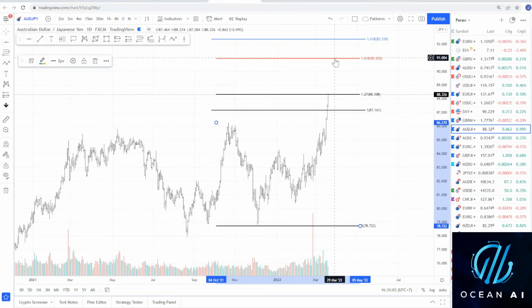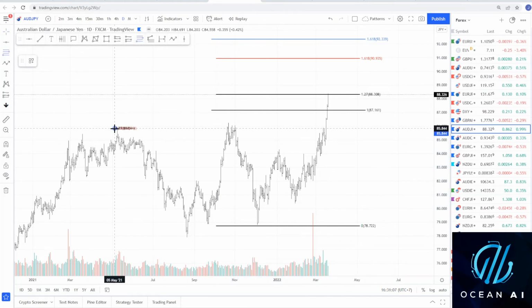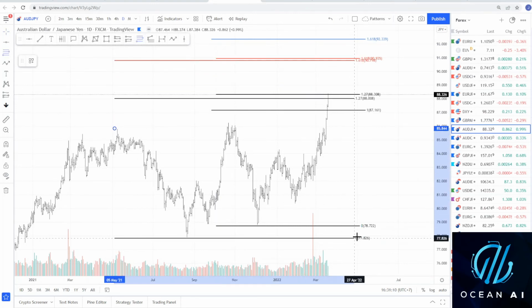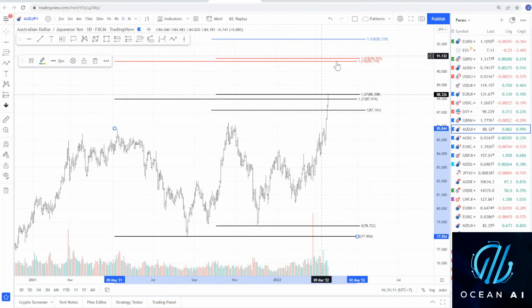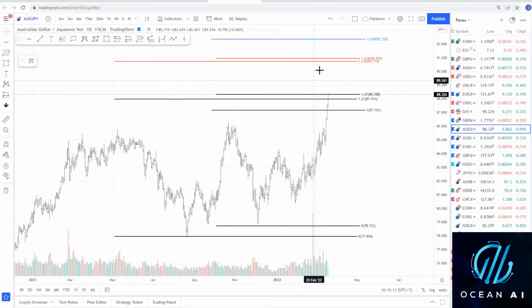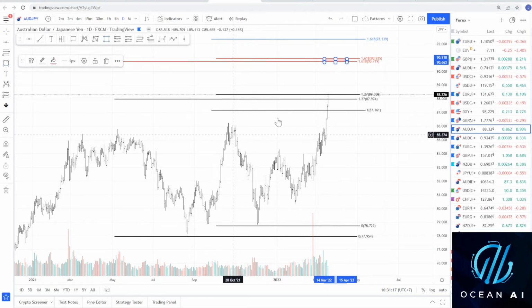I think that could be the level we're heading to. We do the same thing off this high and that low there. Got double 1.618s up around that 91 area. So I think we could be heading in there. That would set us up a real nice shorting opportunity.